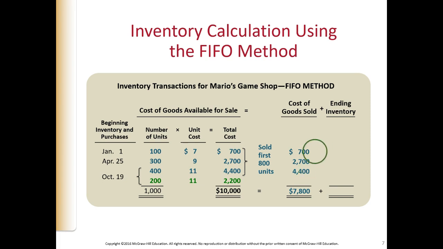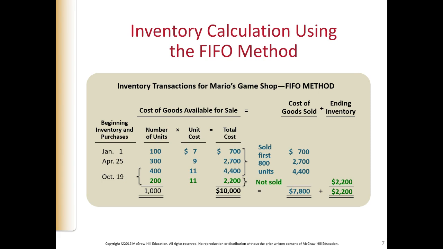Then we compute ending inventory. Now the ending inventory, you can see we had 200 of the October 19th units that we did not sell. They cost $11 each for a total of $2,200. Let's bring that across. And so the ones we did not sell cost $2,200 of those 200 units. And so there's your ending inventory cost of $2,200.